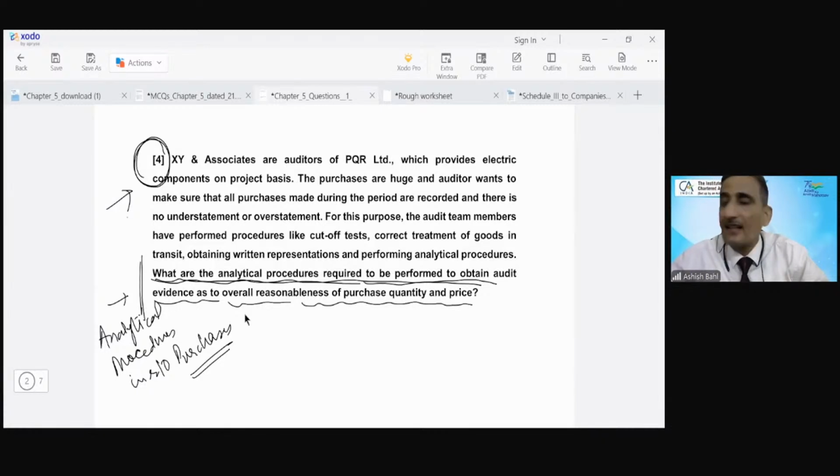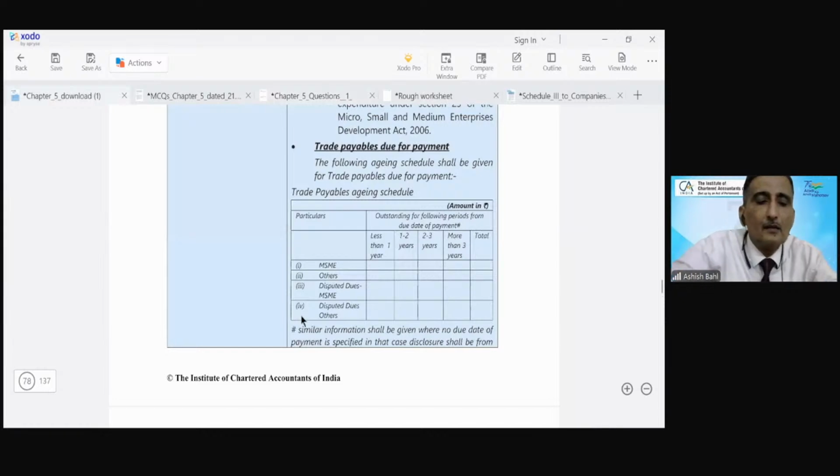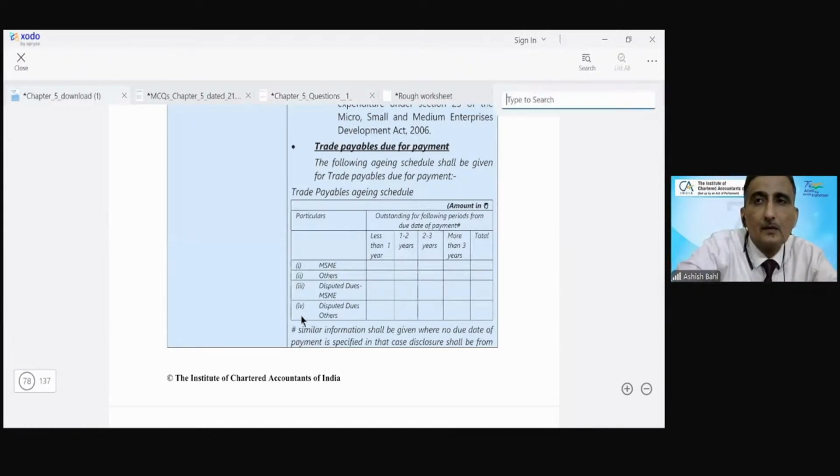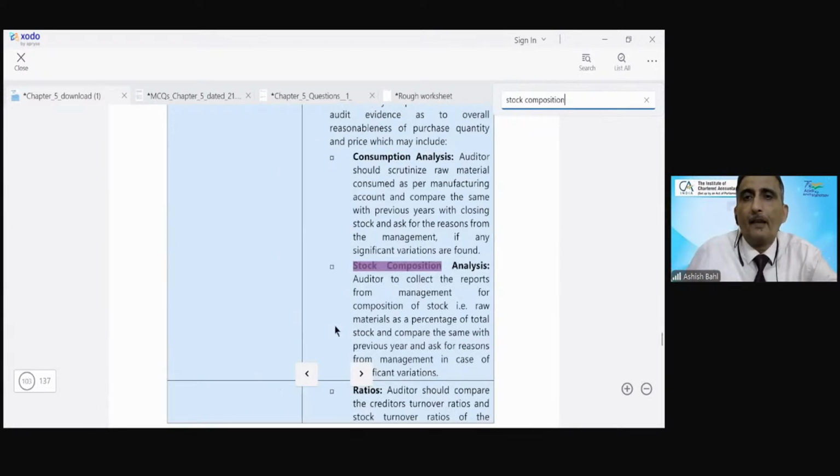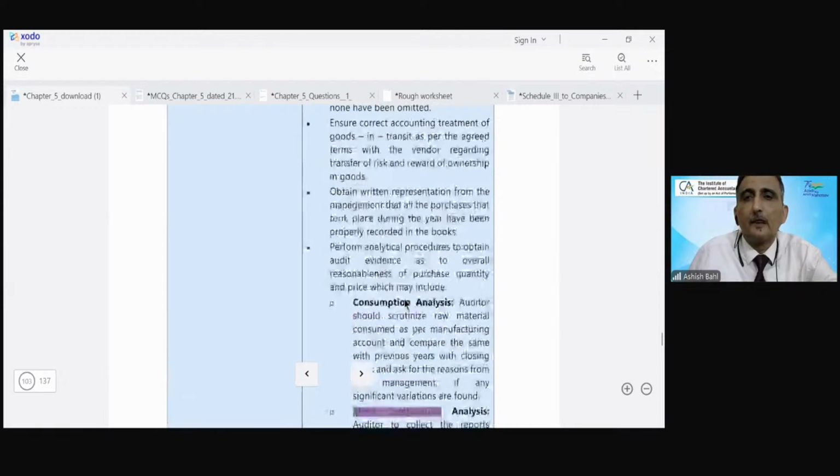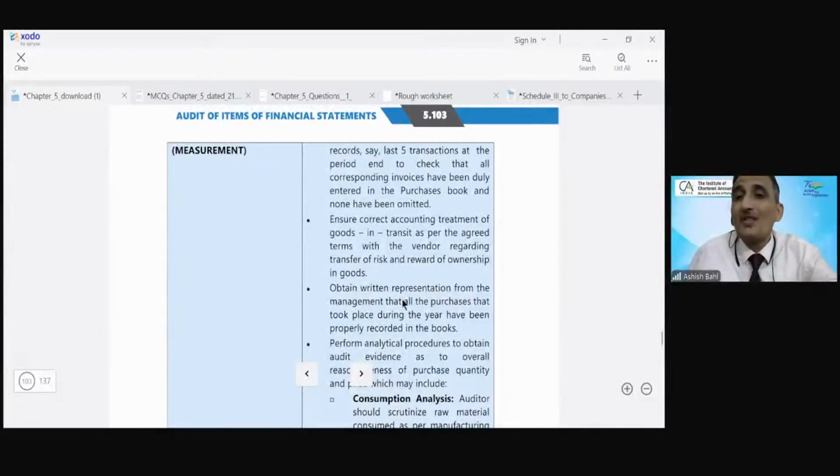Now, yes, guys, if you see your module, you can see how the question has been framed.